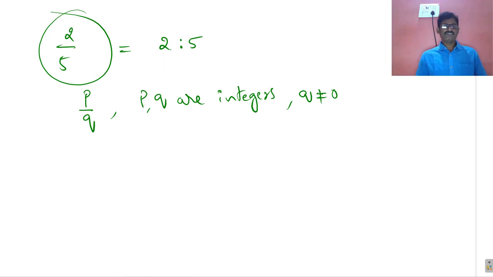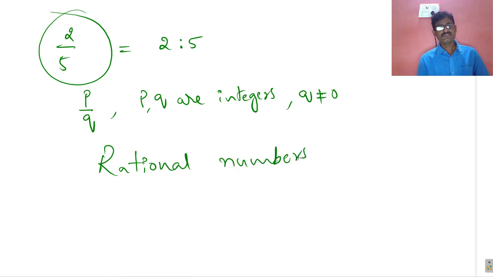All the numbers which can be expressed in the form of a fraction, in the form of a ratio, are called rational numbers. So that means we can say the numbers which can be expressed.